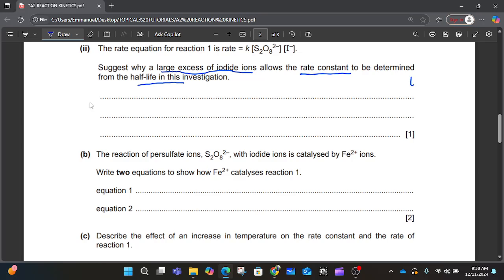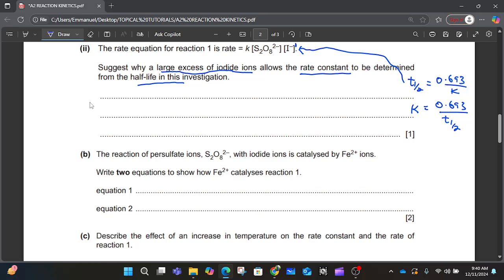We know that half-life, which is T half, is equal to ln 2 over K, or 0.693 over K. So it means that our rate constant can be 0.693 over T half.